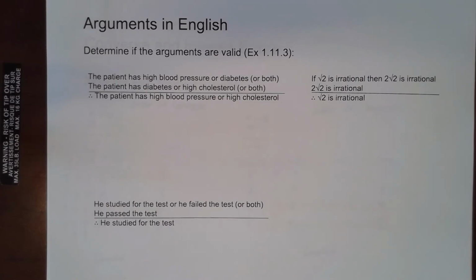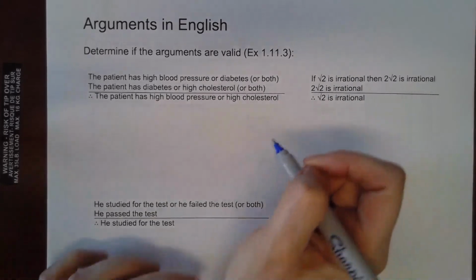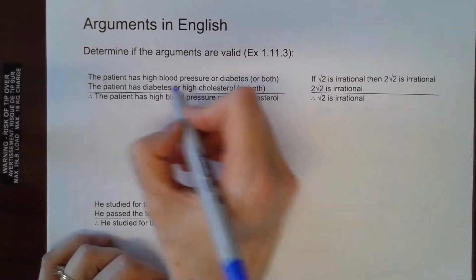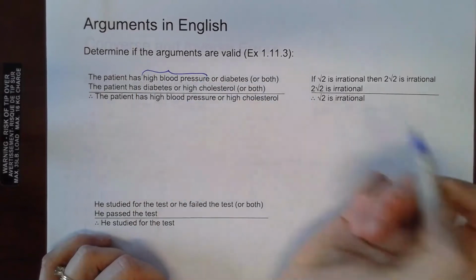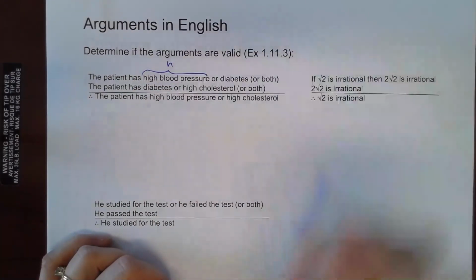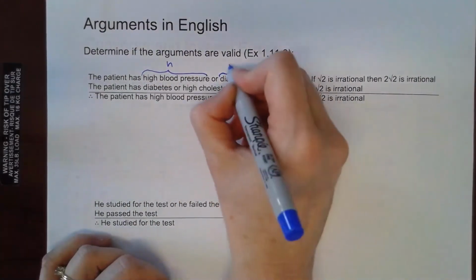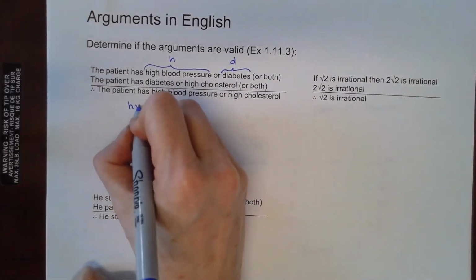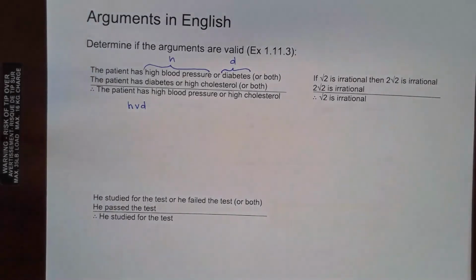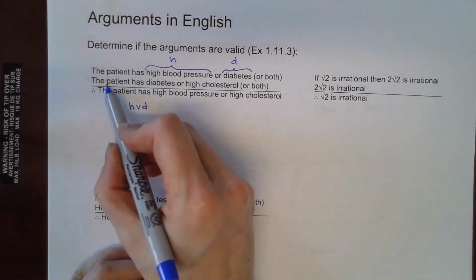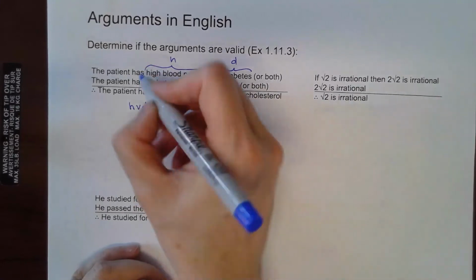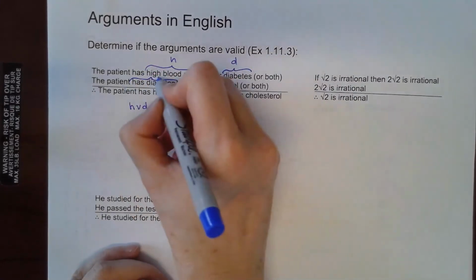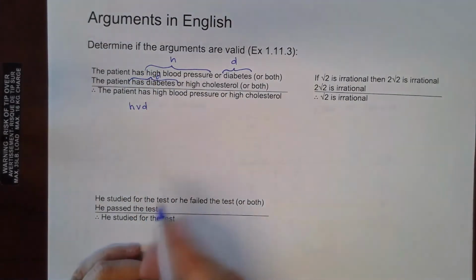Okay, so let's say that the patient has high blood pressure or diabetes. If we were going to translate this into a statement, the patient has high blood pressure, maybe we could call that H, diabetes, maybe we could call that D. And since we have the or both in there, this would be H or D. The patient has diabetes, well that diabetes shows up again, this is D. And here we have a new thing, cholesterol.